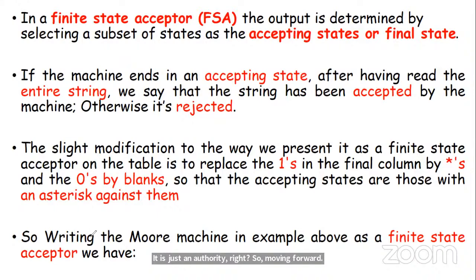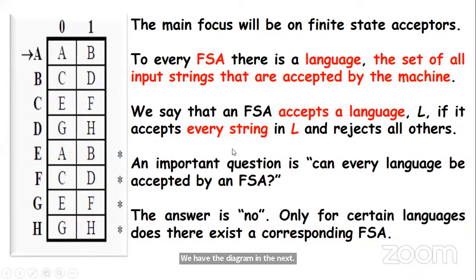So writing the Moore machine in the example above as a finite state acceptor, we have the diagram in the next. So we have this diagram. Now I'm sure you are confused now because you didn't see the output state. Now remember in the previous line we just read, we said what?